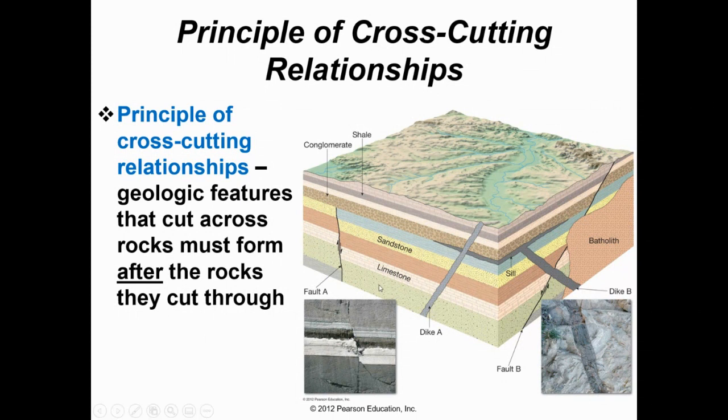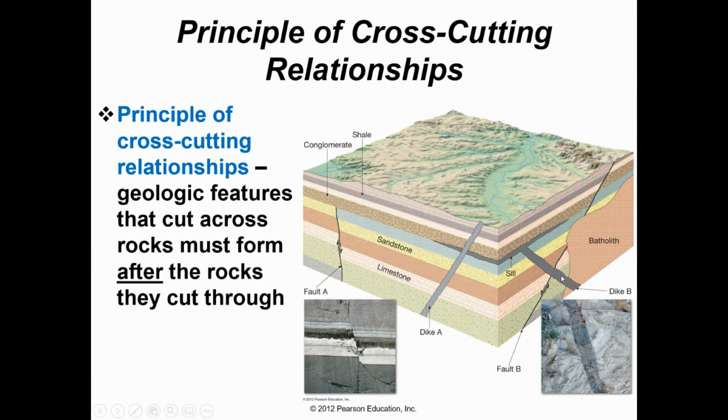So we know that this greenish bottom layer here was already there before dike A formed. Same thing with faults. We know that the sedimentary strata that are affected by a fault all had to already be there before the fault formed.